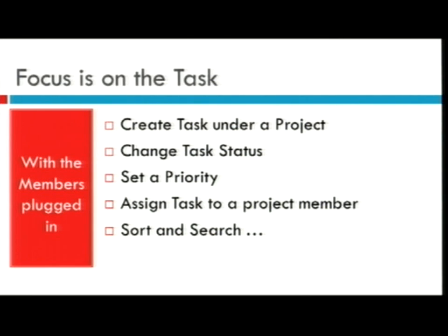Assigning a task to a project member is what is really important, we feel, as it brings in the collaborative element, and we know who is working on what at any time. The person to whom the task is assigned has the ability to change its status, to modify it, etc. There's also basic sort and search functionality.